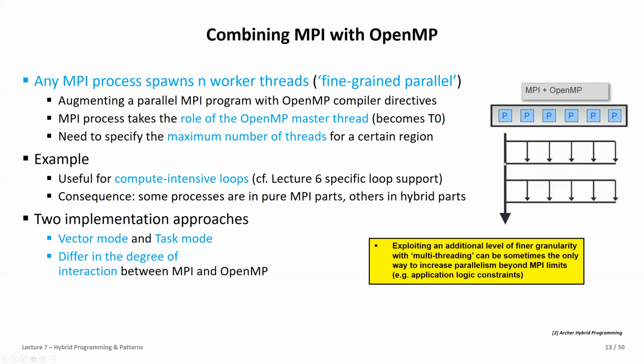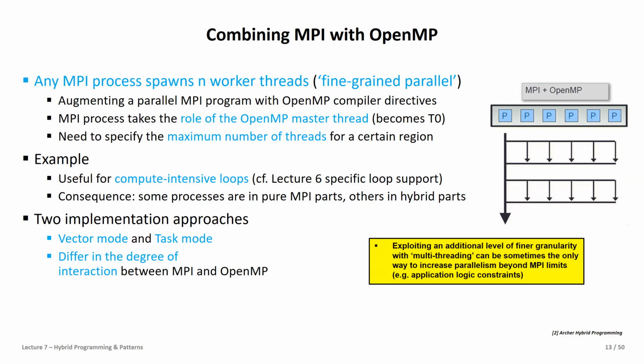And of course, it is very useful for very compute intensive use, where you can make use of the shared memory constructs within essentially one node. But then perhaps not every processor is really working on this, and others have maybe just pure MPI parts, while the others have more this kind of hybrid implementation. To think about this implementation, there are two approaches: vector mode and task mode.